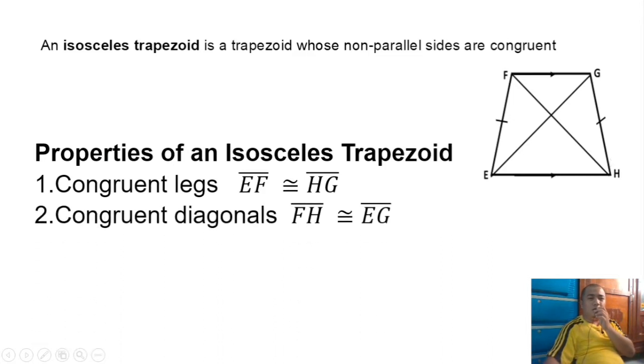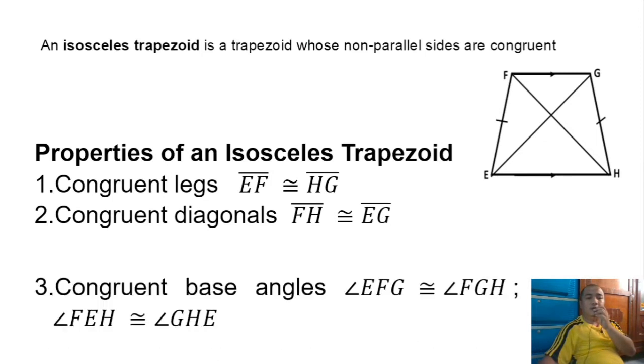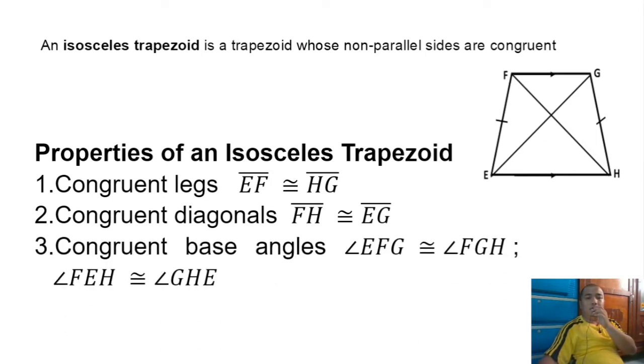And number 2, congruent diagonals also in an isosceles trapezoid. But if it's not isosceles, its diagonals are not congruent. So FH is congruent to GE, because these are the two diagonals. Number 3, congruent base angles. Angle EFG is congruent to angle FGH.